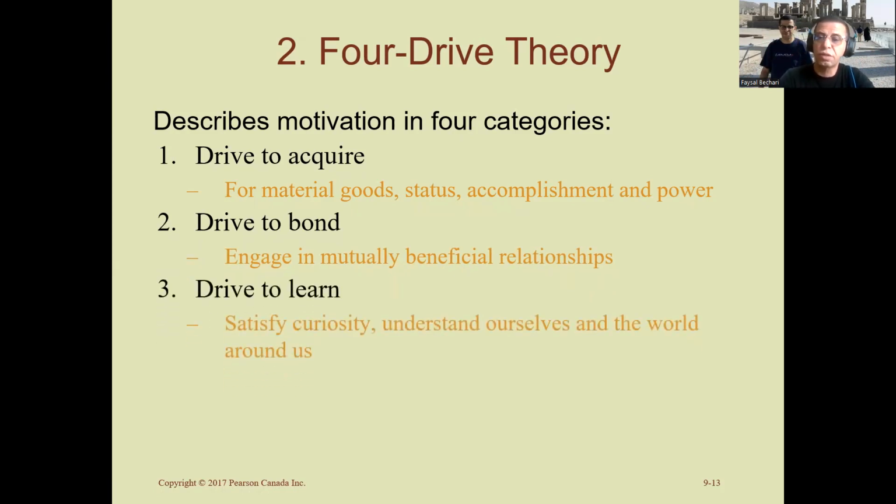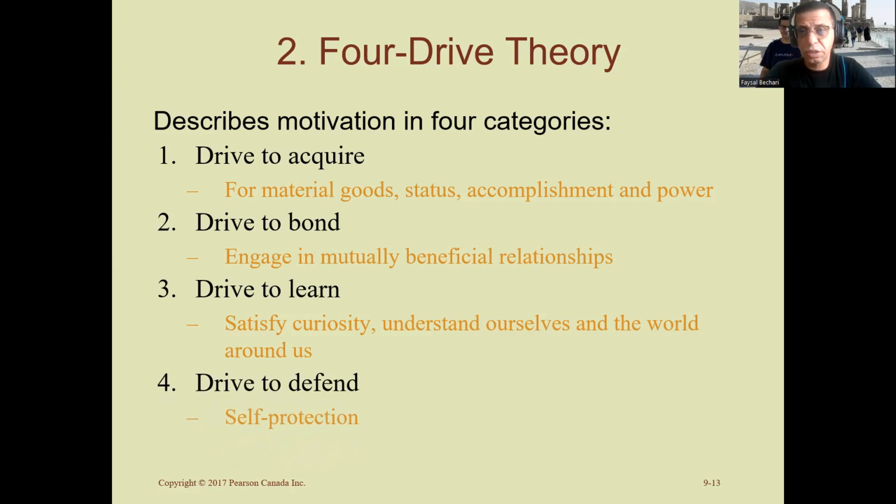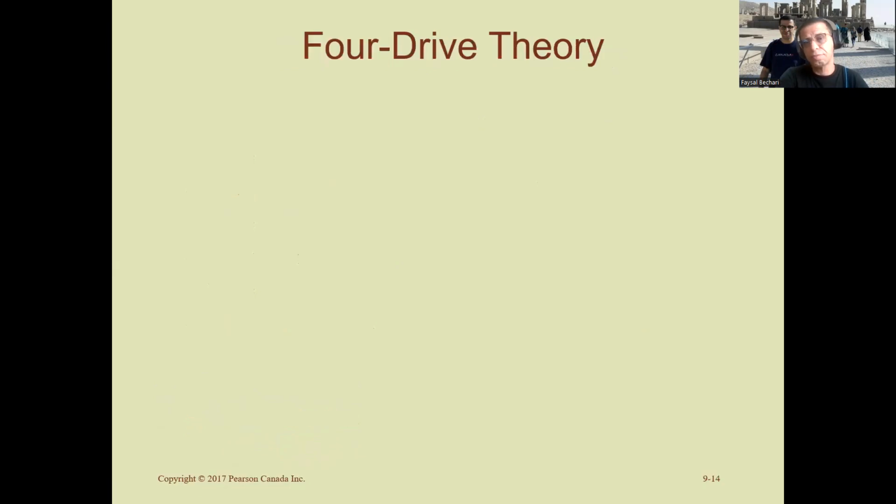There's a drive to learn: to satisfy your curiosities and understand ourselves and the world around us, understand why things are happening this way. Questions like, why did the company set policy that way? That's a drive to learn. And a drive to defend, which is self-protection. So these are the four drives.